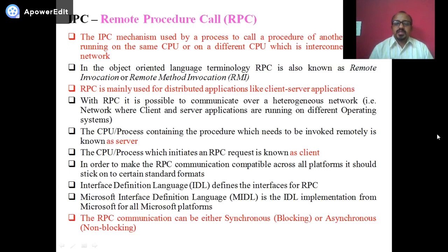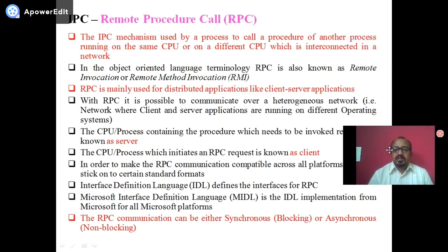A remote procedure call, the last in message passing, is called a remote procedure call. So remote procedure call is a mechanism used by the processes for data exchange with the procedure of another process, running on the same CPU or on a different CPU, which is interconnected in the network.